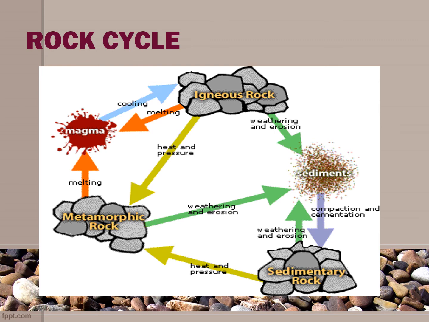Sa metamorphic rock natin, pwede po siyang mag-weather and erosion ulit at magiging sediment, at magiging sedimentary rock ulit. Or pwede po siyang pumunta sa ilalim ng lupa due to tectonic plate movement. And then we have now your melting. Pwede po siya mag-melt at magiging magma na naman siya, pag nag-cool siya, igneous rock na naman po ulit.